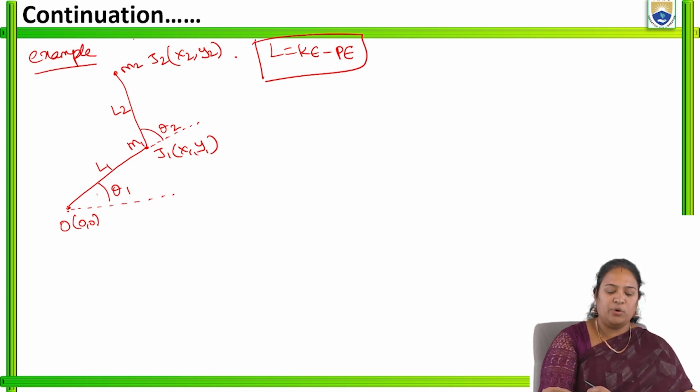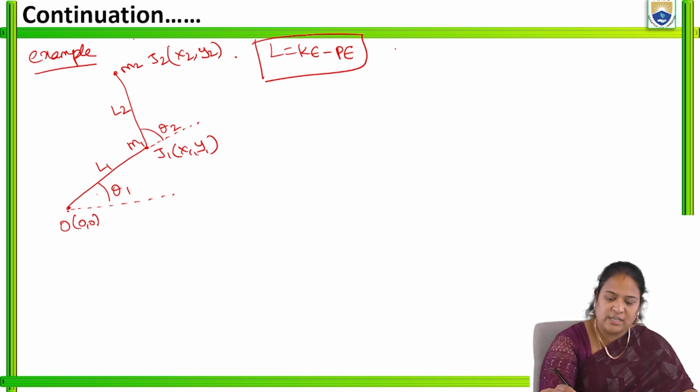We have taken a two-link robot, that is a 2 degree of freedom robot, with origin at 0 0, where link 1 rotates at angle theta 1 and link 2 rotates at angle theta 2, with joints x1 y1 and x2 y2.